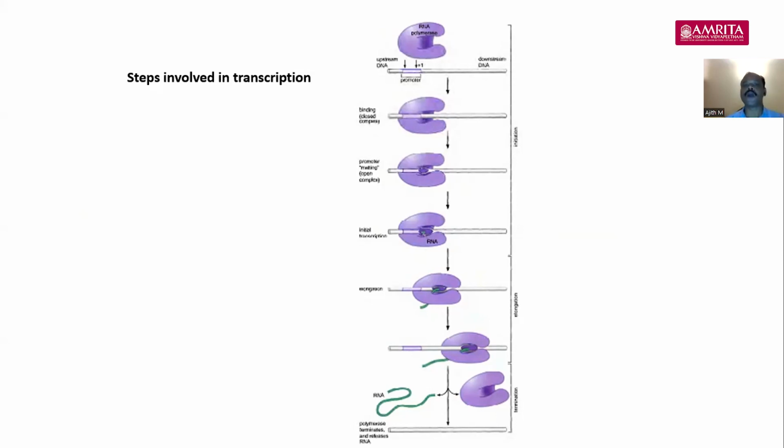The structure and the function will be lost. So which gene to identify, which genes to transcribe, which not to transcribe, has to be decided in the very beginning itself, in the initiation itself.